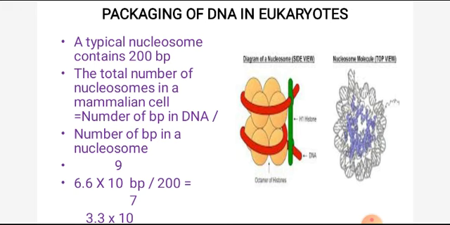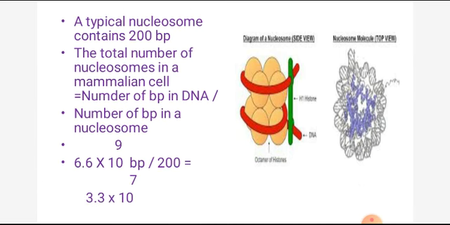We calculate the total number of nucleosomes in a mammalian cell as the number of base pairs in DNA divided by the number of base pairs in a nucleosome. The number of base pairs in DNA equals 6.6 × 10^9 base pairs.